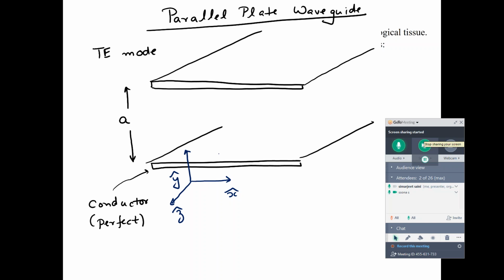We said we want to find a solution where I have an electric field E which is pointing in x, and because the electric field has to be zero here and has to be zero here due to conducting boundaries.